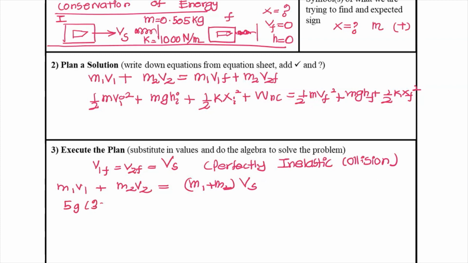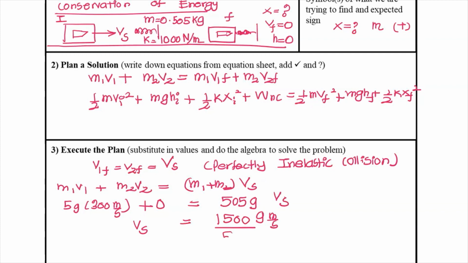The velocity of the bullet is 300, the velocity of the stationary object is 0, and then 505 grams times the speed. So you can solve for the velocity of the system after the collision, which is 2.97 meters per second.